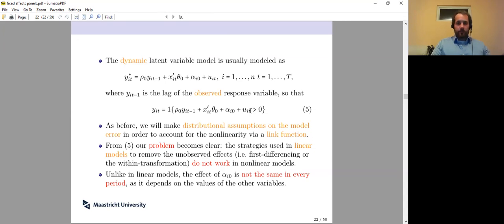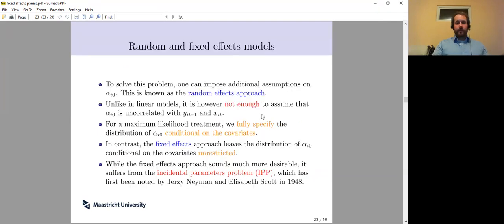If you want to call this thing here the new model error, then you actually need the distribution of the new model error. If you only know the expectation of alpha, the correlation between the two things, this will not be enough. You need the full distribution of this term here, of the full unobserved part. And therefore, we need to make even stronger assumptions in the nonlinear case when we want to apply random effects.